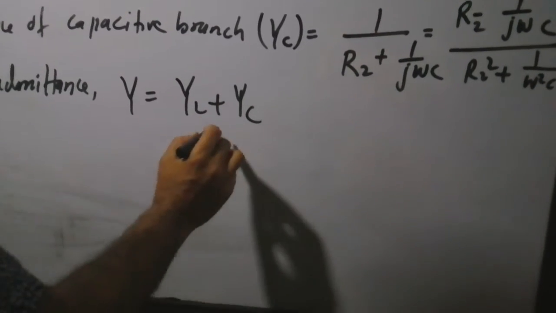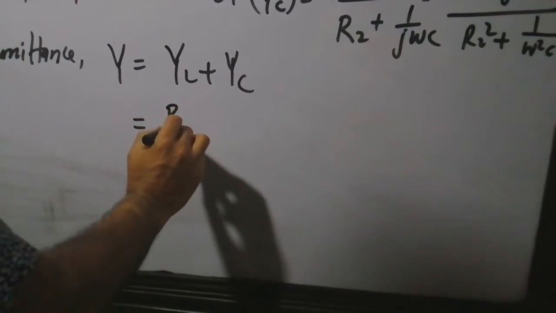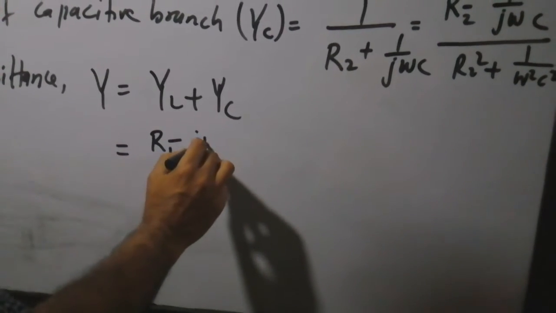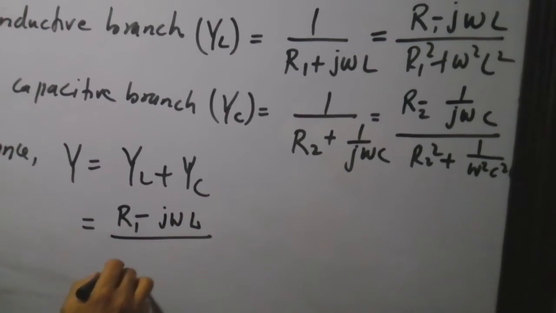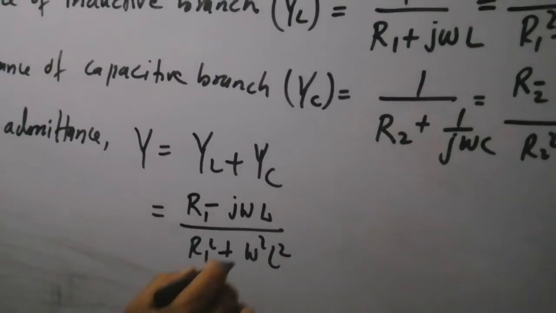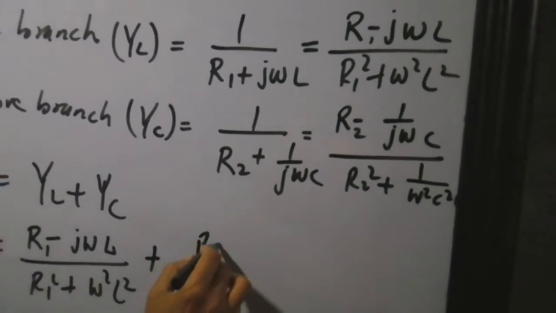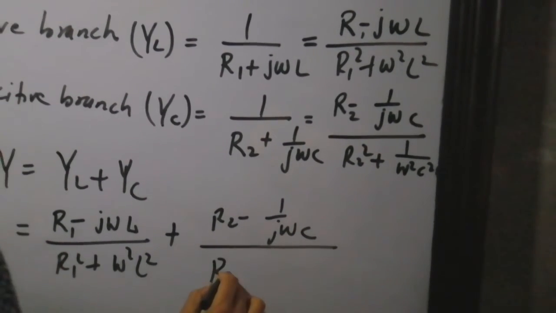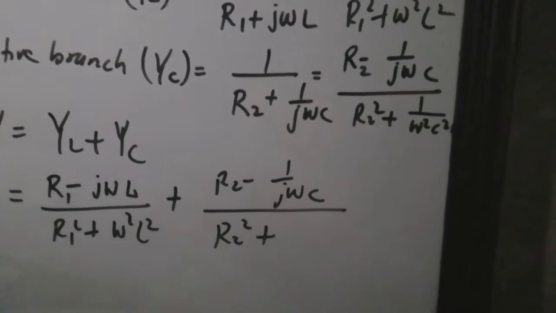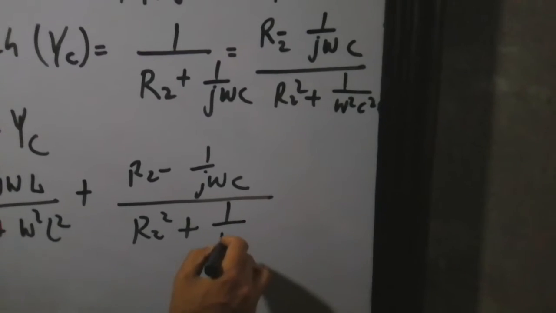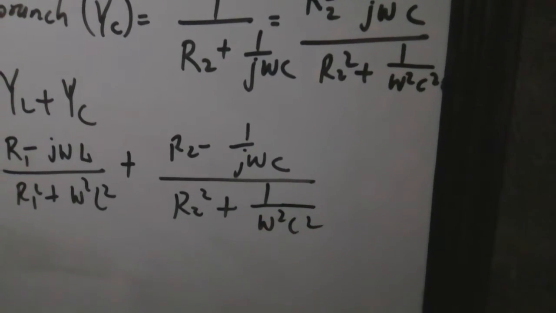Now we have to add these 2 terms: R1 minus j omega L upon R1 square plus omega square L square, plus R2 minus 1 by j omega C upon R2 square plus 1 by omega square C square. So we got this value.